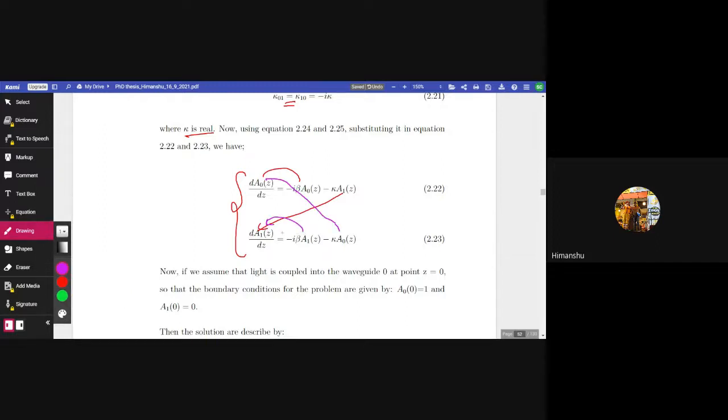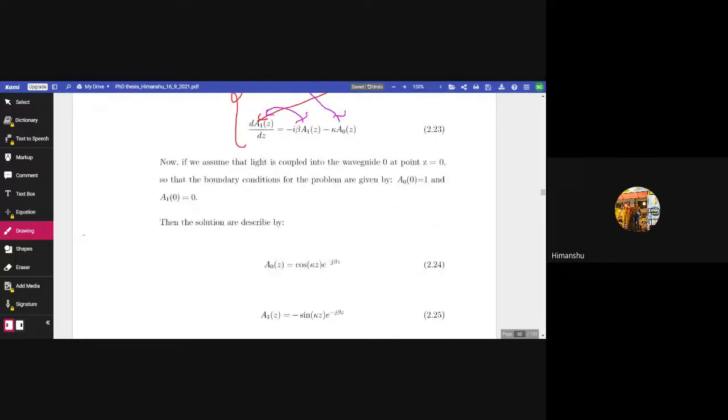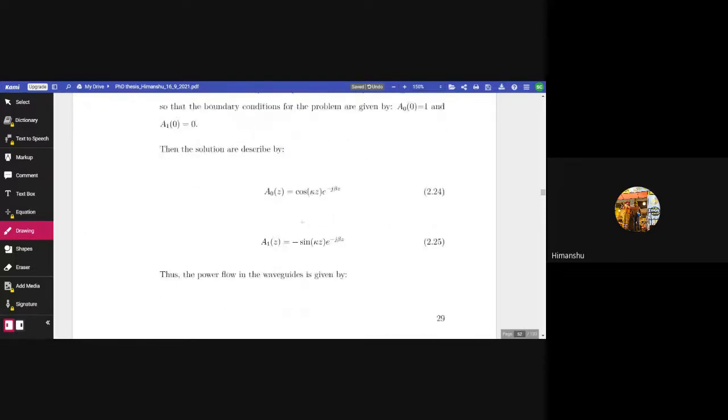Since the two waveguides are identical, we have taken beta 0 equals beta 1 equals beta, and the coupling coefficients k01 equals k10 equals k.